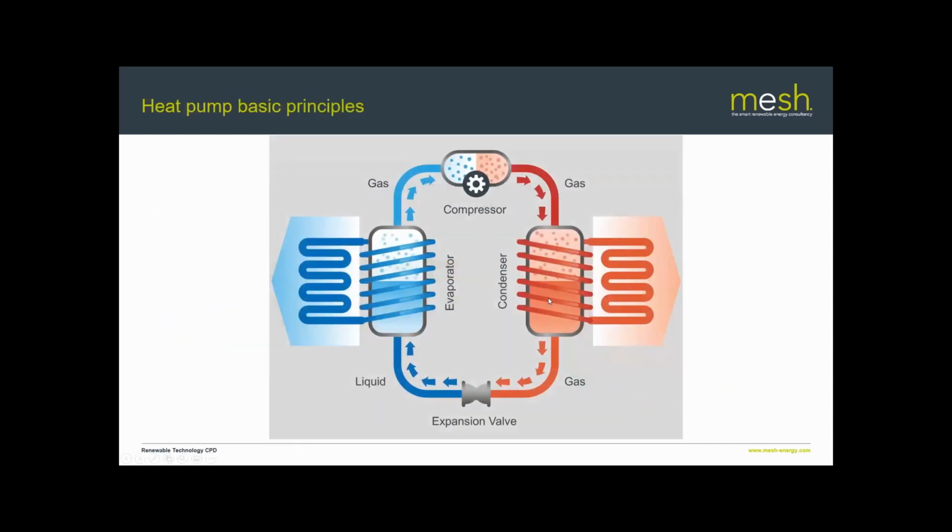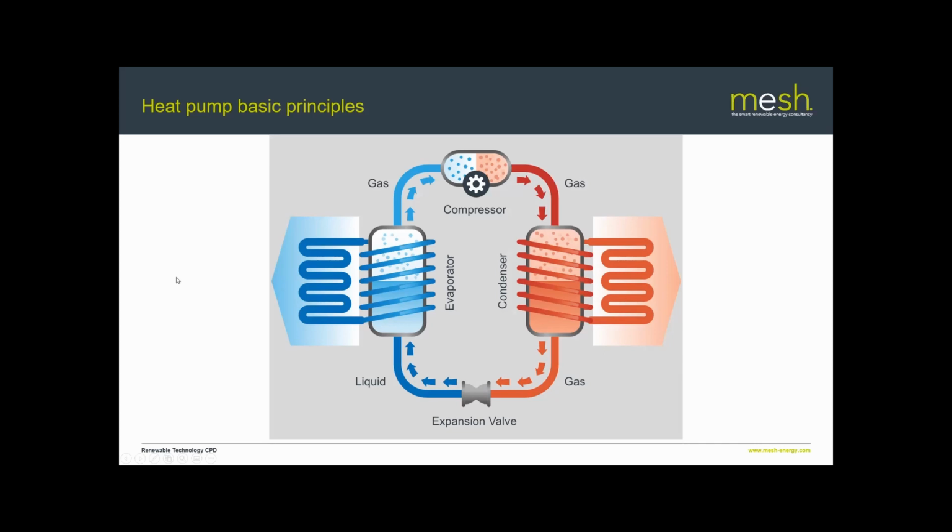That said, let's talk a little bit about heat pumps, what they do and why we would use them, because they are the backbone of a bivalent system. So on the screen, you can see a simple refrigeration cycle.